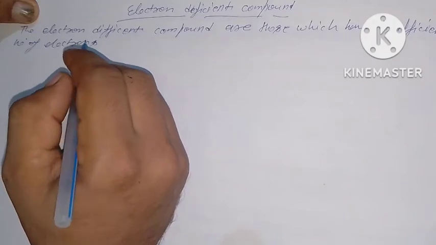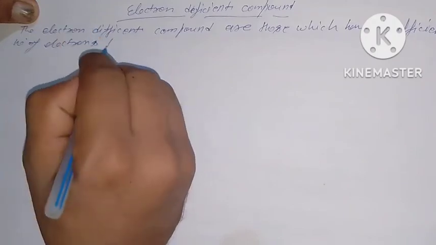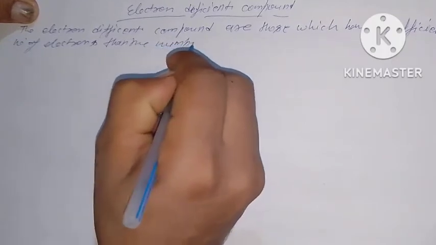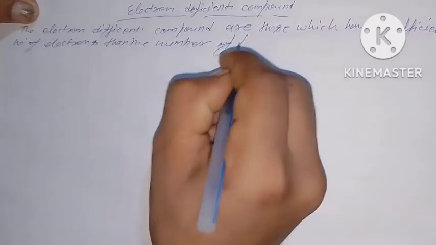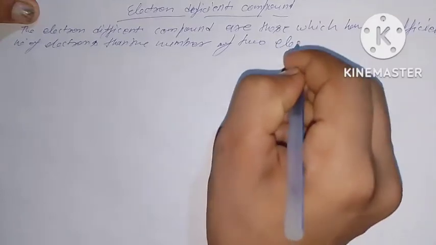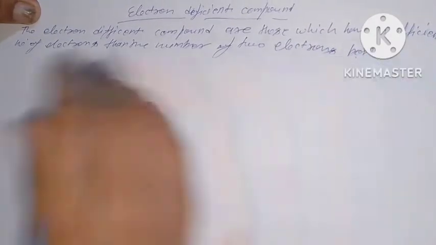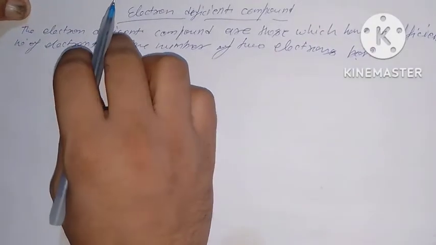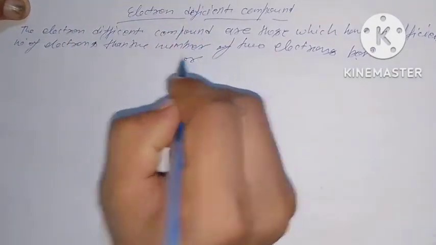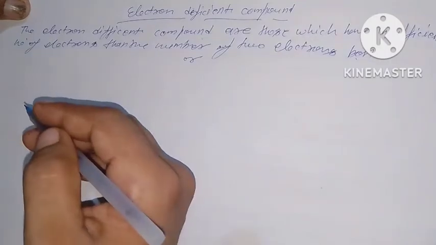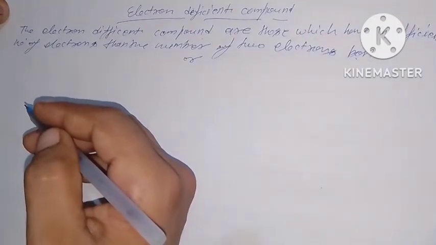Electron deficient compounds are the compounds in which there are not enough electrons to form two electron bonds between the atoms.